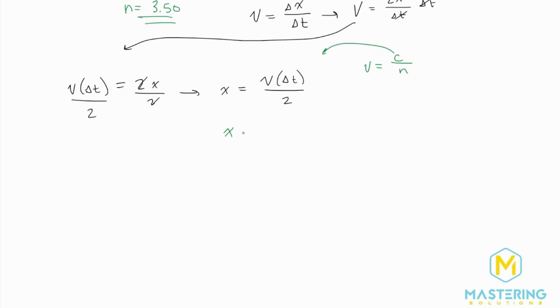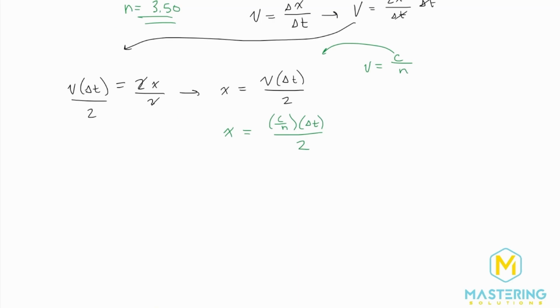So our final equation is x is equal to c over n, times the change in time, all divided by 2. We have this solved for just one x because that is the maximum distance it can be set, since the light travels 2 times this for the full trip. That's where the divided by 2 comes in.